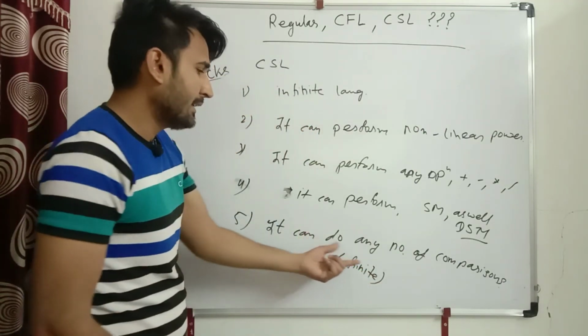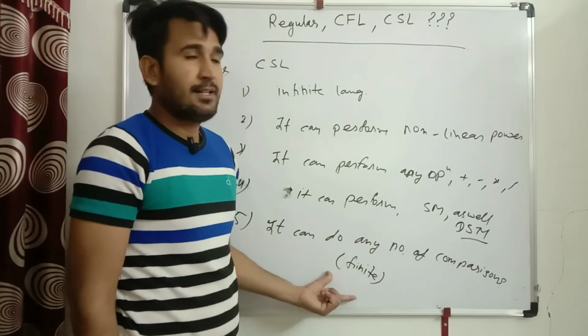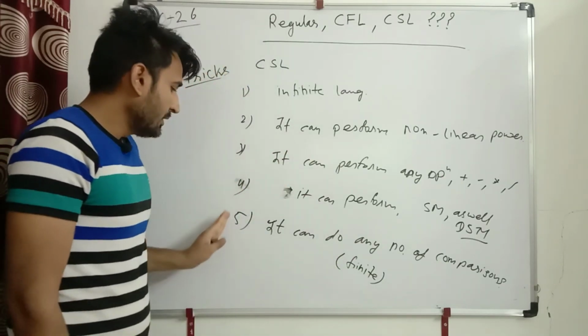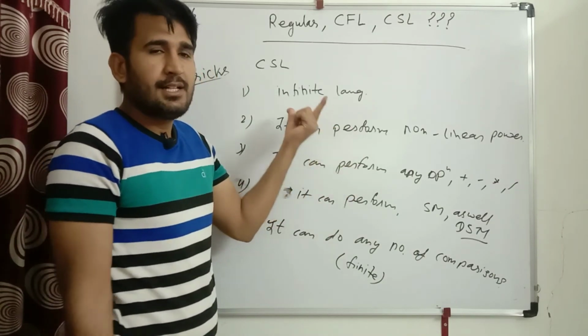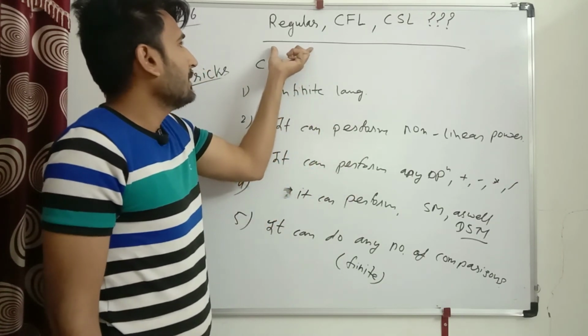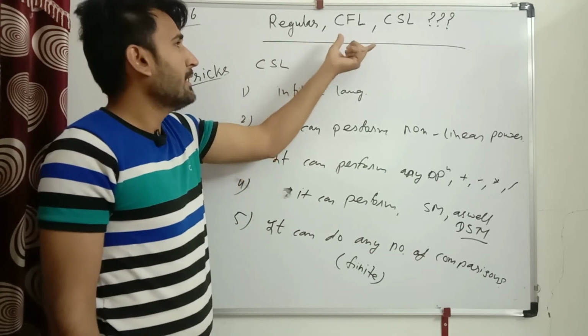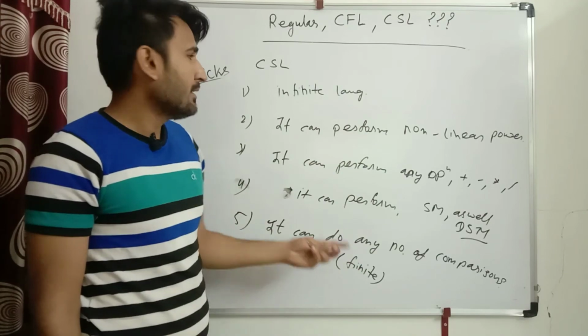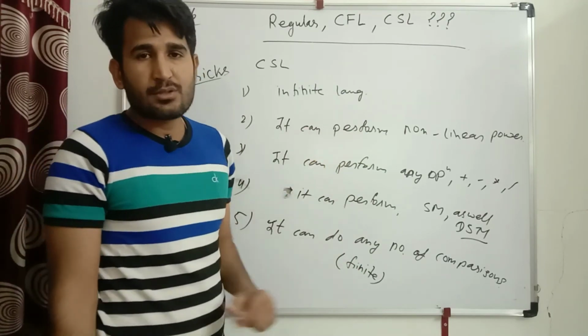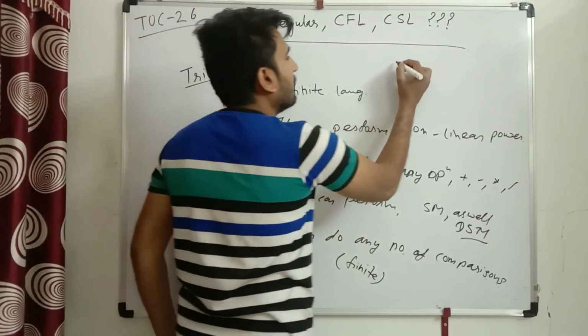Okay, it can do any number of comparisons but finite. You see all five points. It can do anything. Previously, regular language has some restrictions. CFL has some restrictions, but CSL doesn't have any restriction. So we can say that it is the most powerful language.